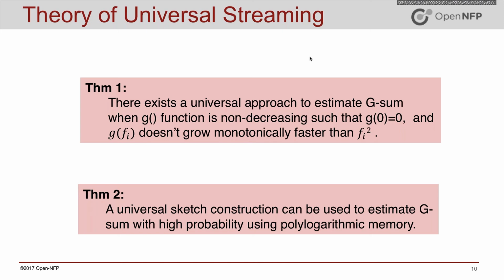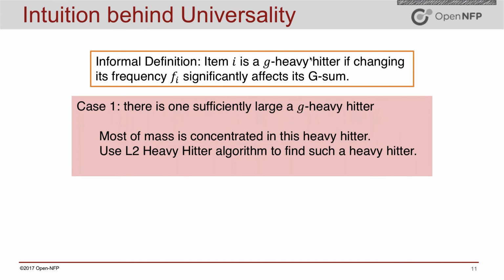Polylogarithmic just means that in terms of the number of items and the size of the stream, you're keeping a sublinear, really small amount of memory to maintain the data structure. So imagine you're processing at line rate 40 gigabits with millions of flows. You're not keeping millions of megabytes of memory in your routers. That's really the nice thing about these sketching algorithms.